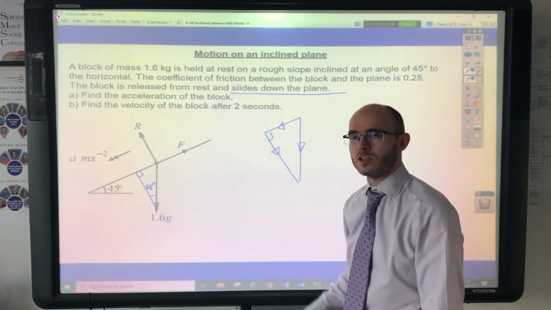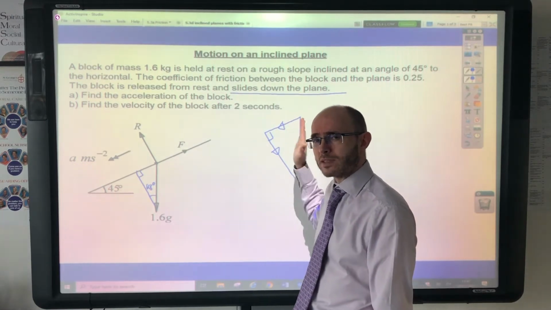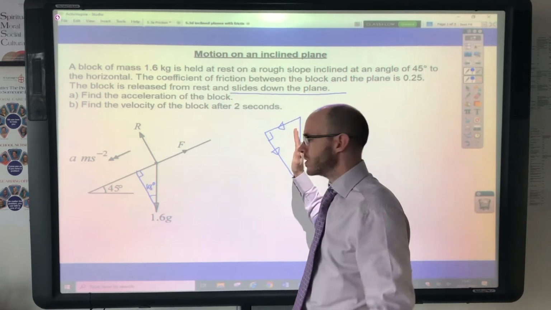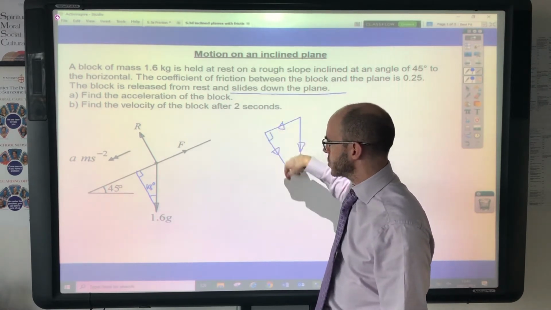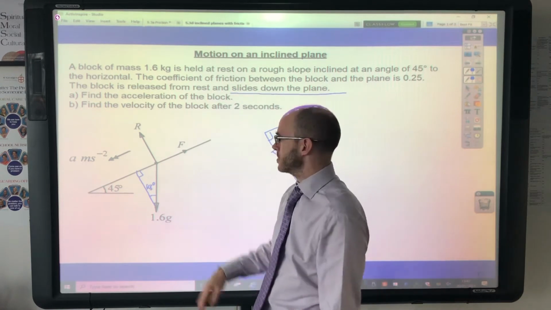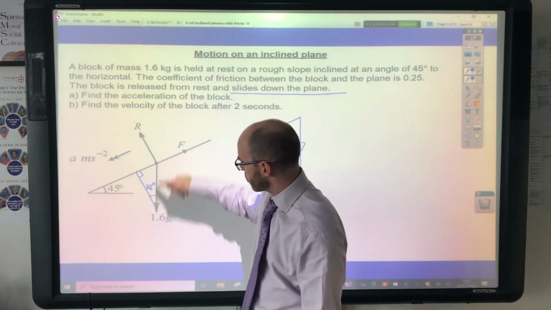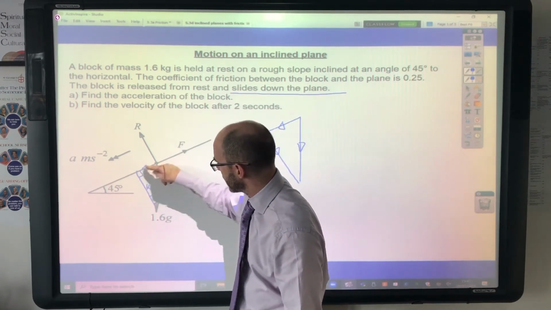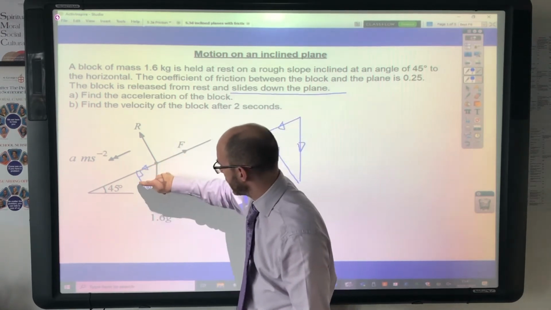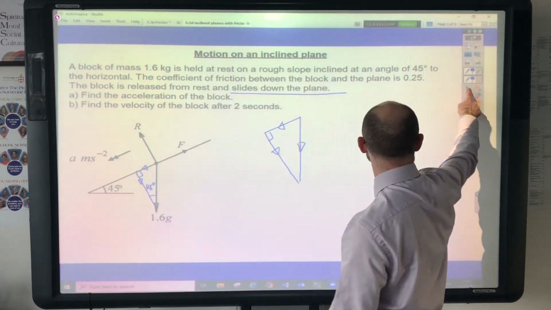And the way we do it is we split up into a right angled triangle, always using the given force as the hypotenuse, big hint for you there, and then you've got the adjacent and the opposite for the various components, the parallel and perpendicular to the plane. All right. So 1.6 g is going to be in that direction down the plane, and then in this direction, effectively in the opposite direction to the normal reaction force.